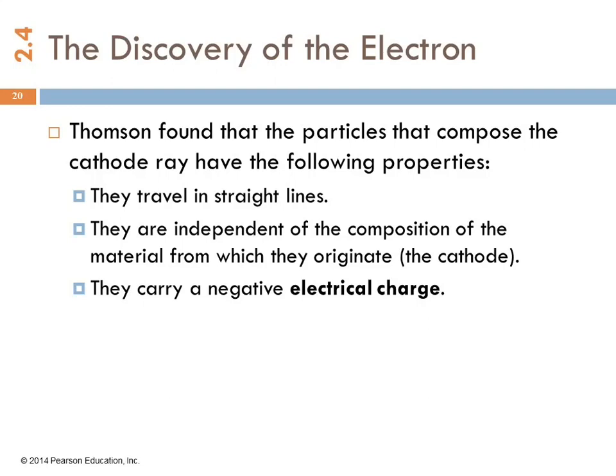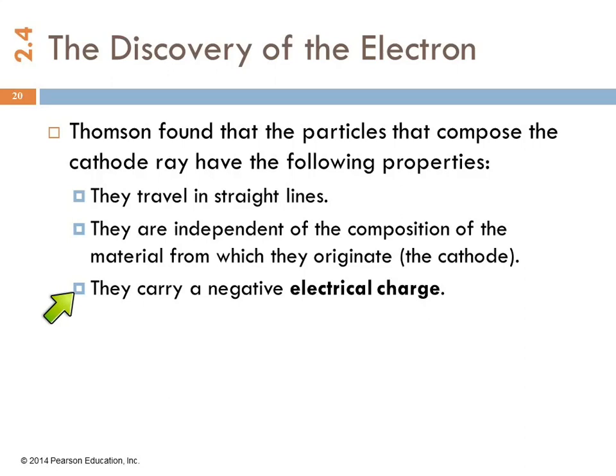And he found that the particles in this ray had the following properties. They travel in straight lines. They were independent of the composition of the material from which they originate. So he could make tubes where the cathode was a different material, and the particles in that ray had the same properties regardless of what material it was made out of.